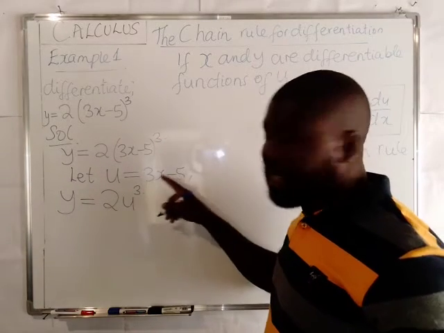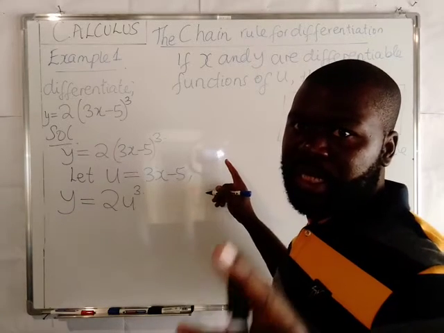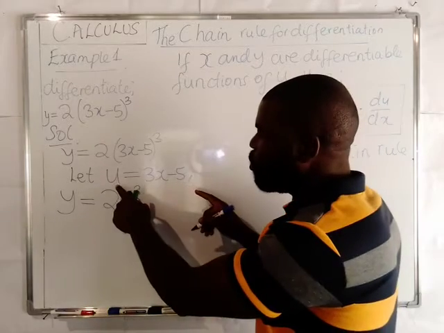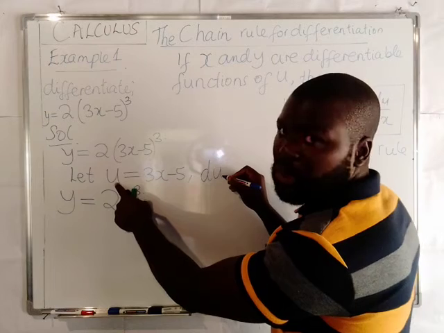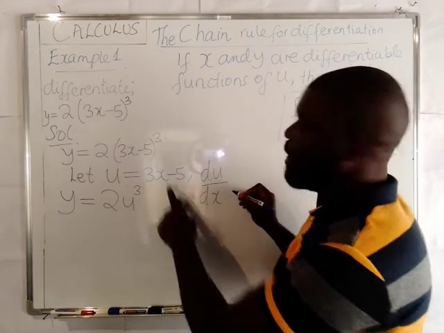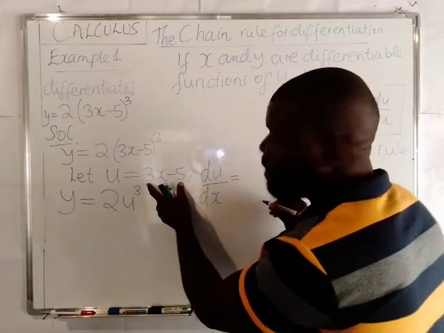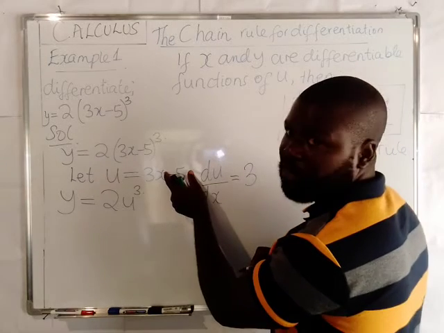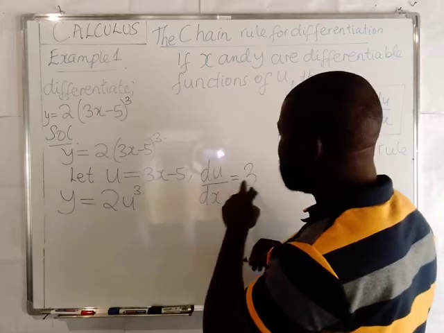Now we need to differentiate u with respect to x. So du/dx, when you differentiate this one, you will get 3, because the constant gives you 0 and 3x gives you 3. So du/dx is 3.